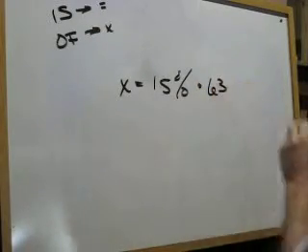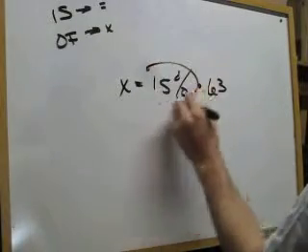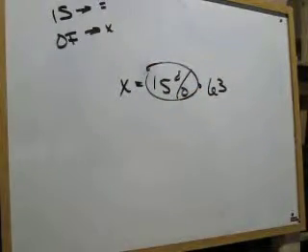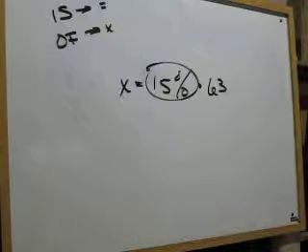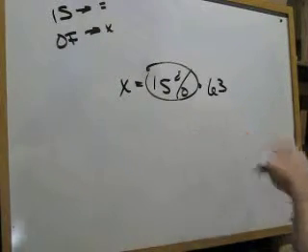63. Okay, so key thing to remember, if they give the percent to you, you cannot use a percent to solve a problem. If it's got a percent symbol there or they say the word percent, you have to change that percent to a fraction or a decimal before you start combining terms. You can't take 15% times 63.